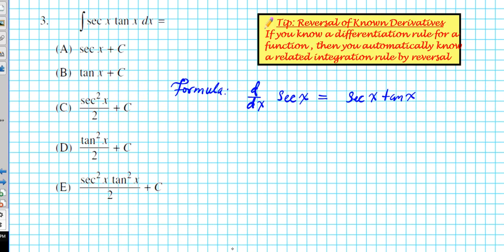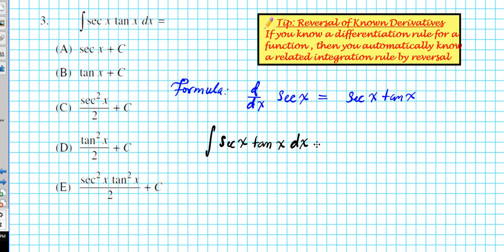Now, how does this help us with this problem? In this problem, we are asked to find the integral of secant x tan x. What is the relationship between the integral and the derivative? They are inverse operations, right? So since this is a derivative, by integrating this, we're going to end up with the antiderivative, which is secant x.